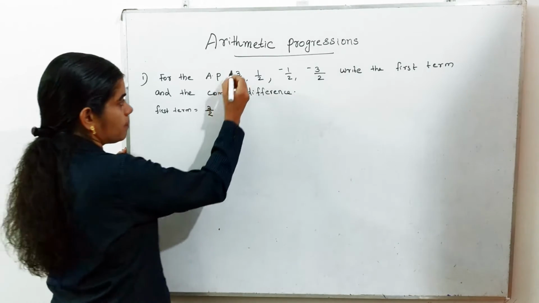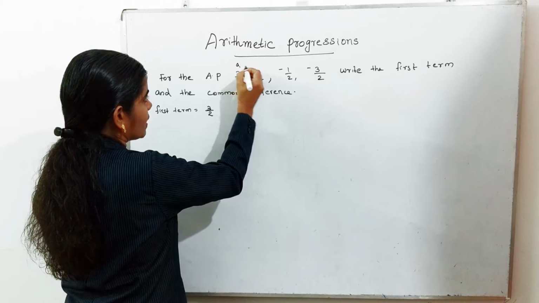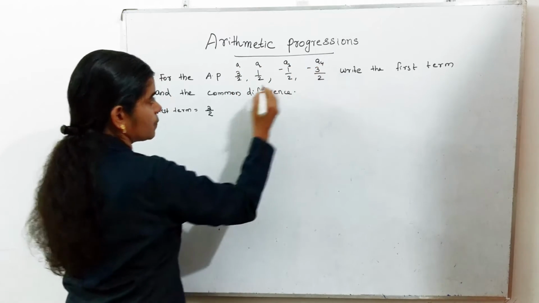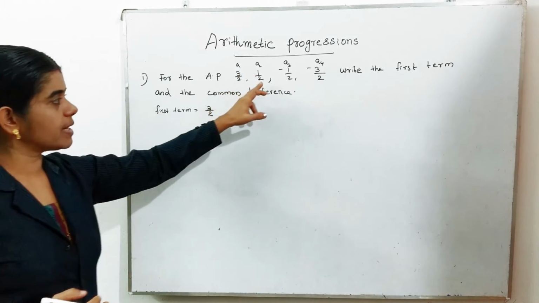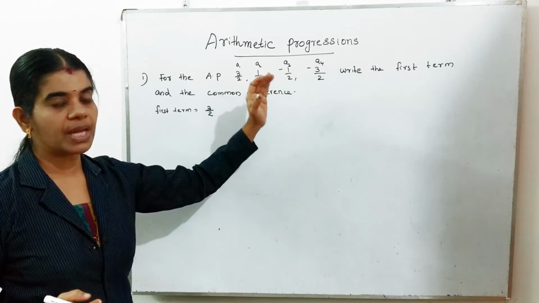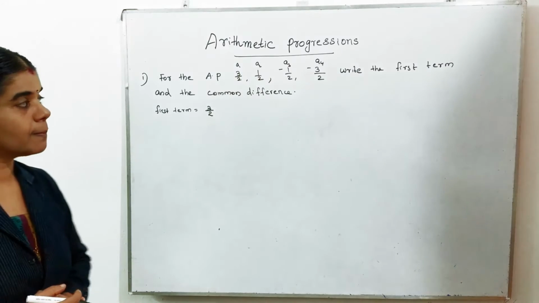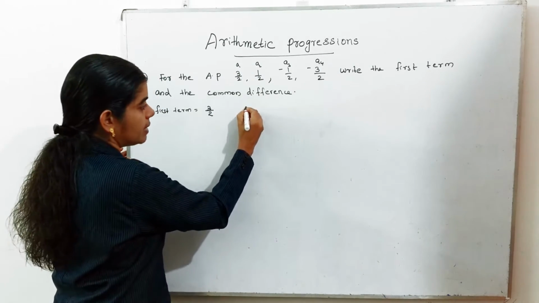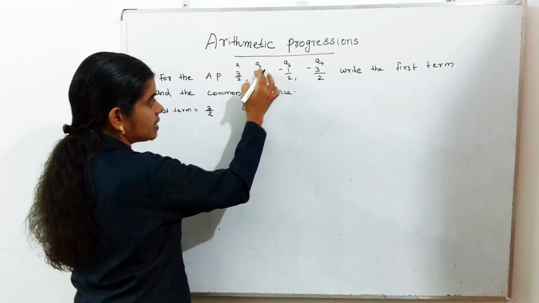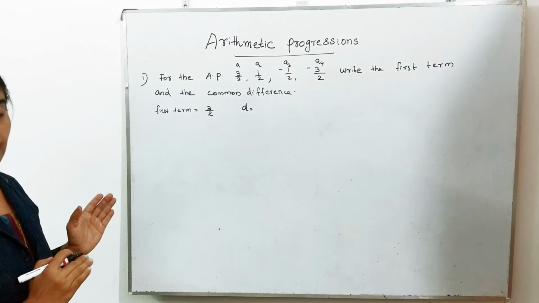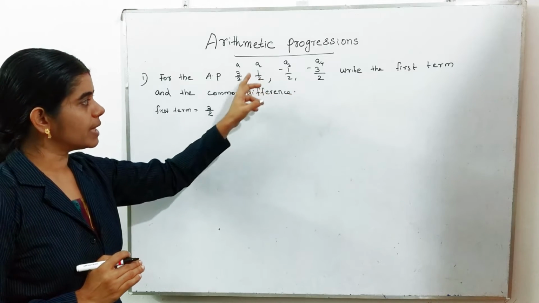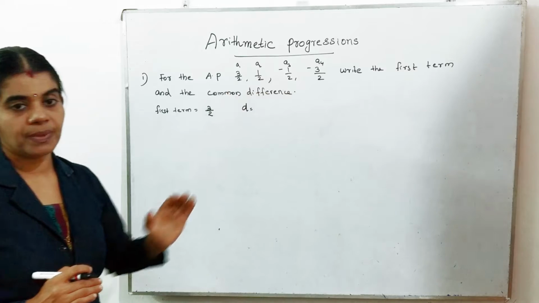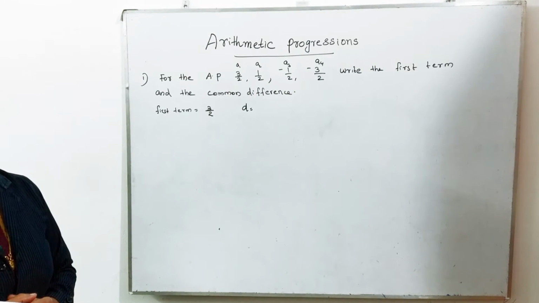If you take these as A1, A2, A3 and A4, first term, second term, third term, the common difference we normally denote by D. D is equal to second term minus first term, or third term minus second term, or fourth term minus third term. You will get the common difference.